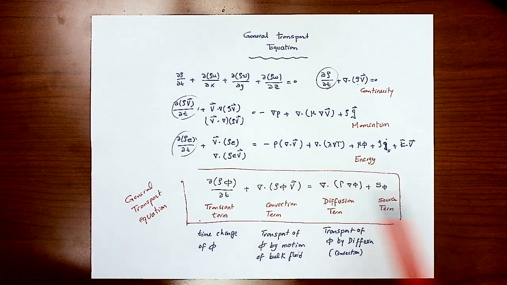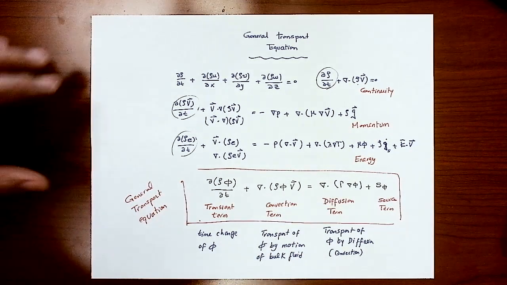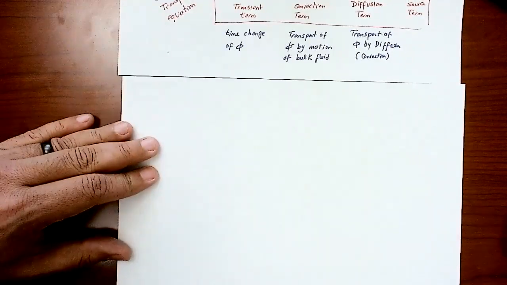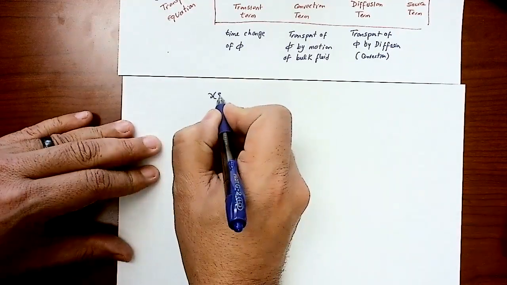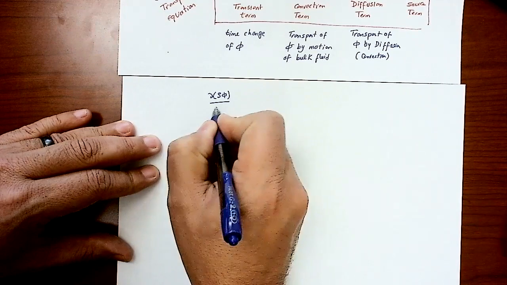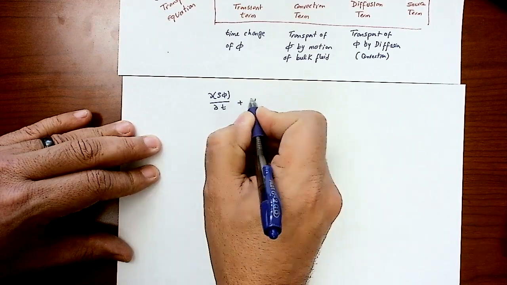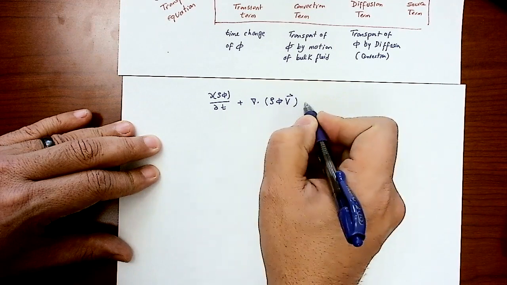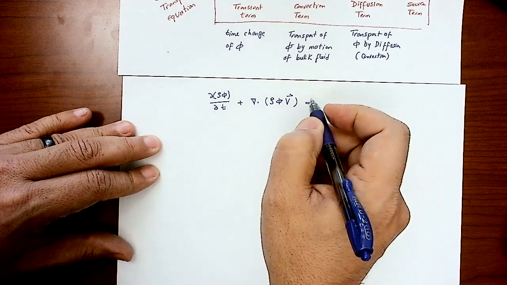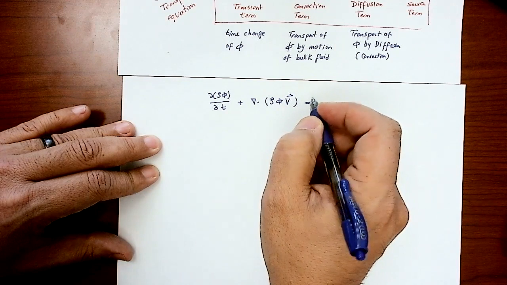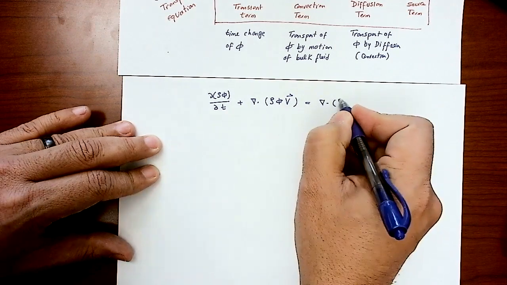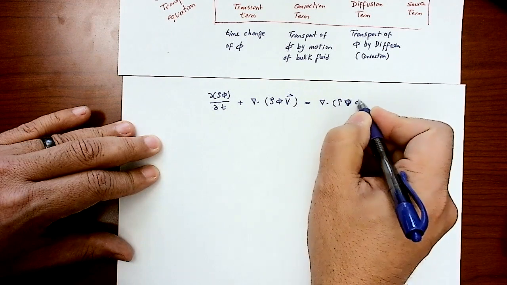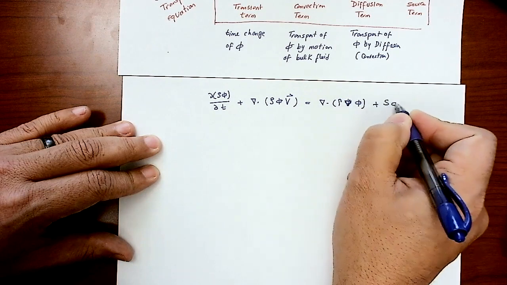So for example, if I write down the equation at the top of a piece of paper again: partial rho phi by partial t plus nabla dot rho phi v equal to nabla dot kappa nabla phi plus S phi.